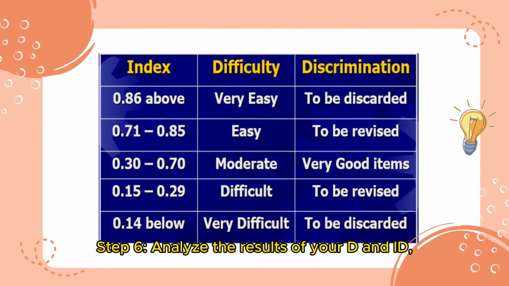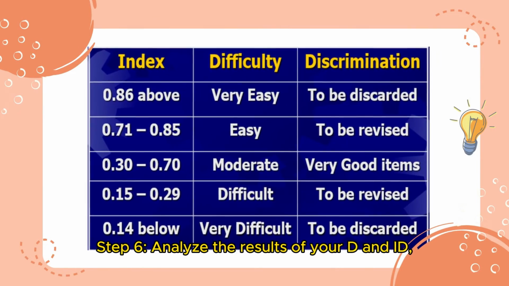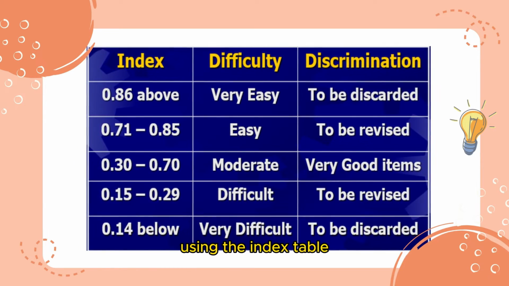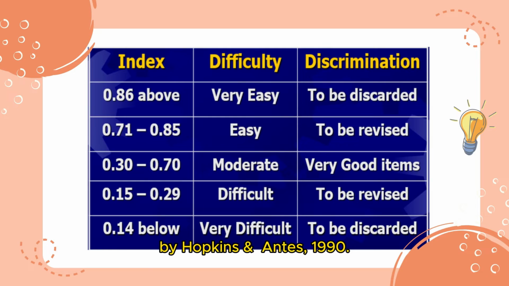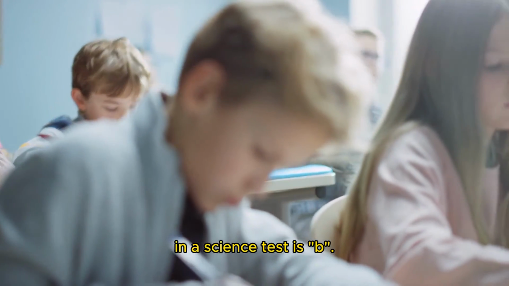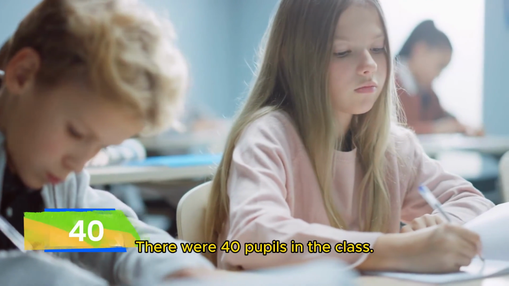Step 6. Analyze the results of your D and ID, then take appropriate action using the difficulty and discrimination index table by Hopkins and Antes, 1990. Example: the correct answer of a test item in a science test is B. There were 40 pupils in the class.